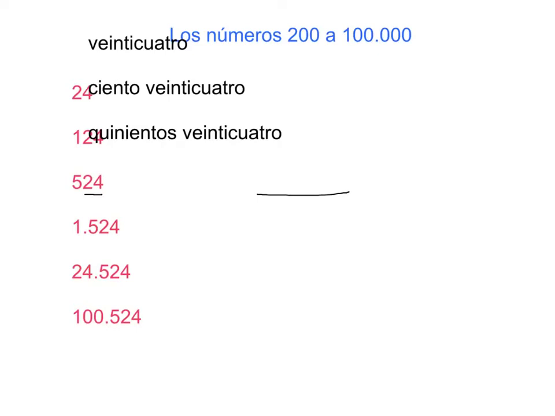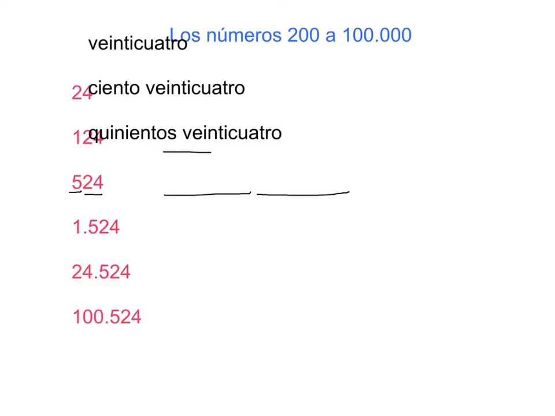And 500, simply meaning 500, is not any different than ciento. It just is saying 500 instead of 100. We're not adding any extra words. So the same theory that we already know applies to larger numbers. Just say the hundreds place first. In this case, it's 500. And then add your last number.